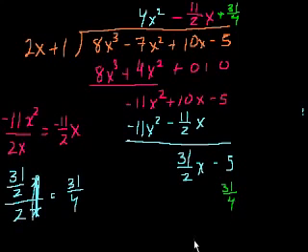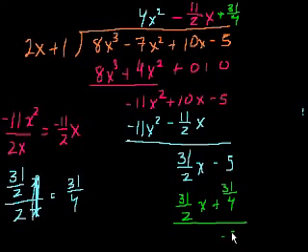And 31 over 4 times 2x is 31 over 2 x, right? And now we subtract the green expression from the light blue expression. When you subtract this from this, you're left with 0, so nothing shows up there. And we're left with minus 5 minus 31 over 4.